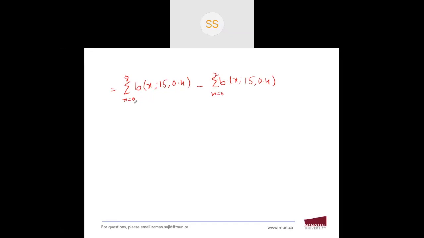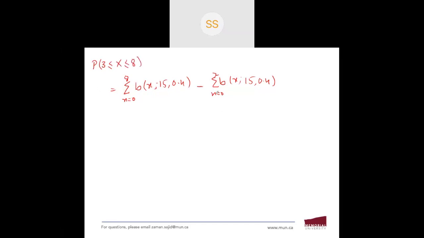This is the same as finding the range from 3 to 8, which is the same as what we were interested in previously: P(3 ≤ X ≤ 8).